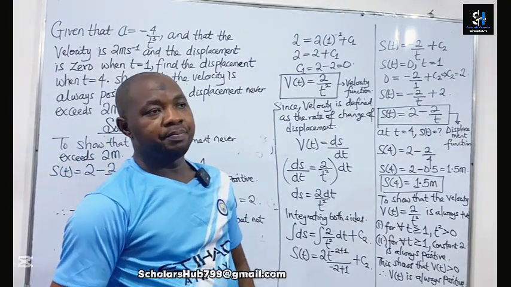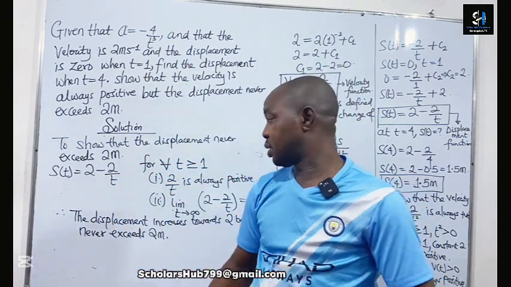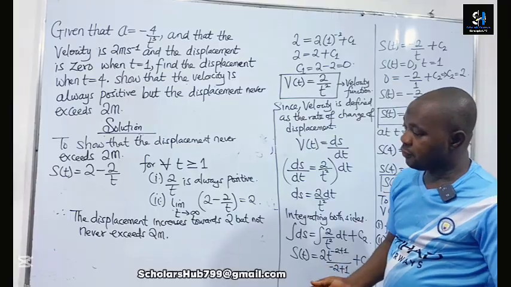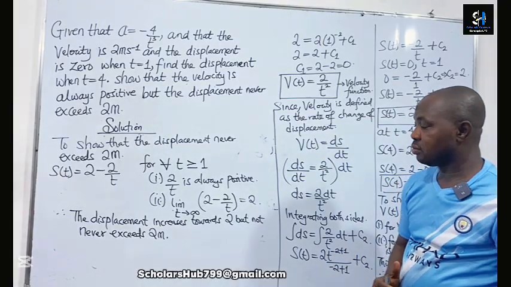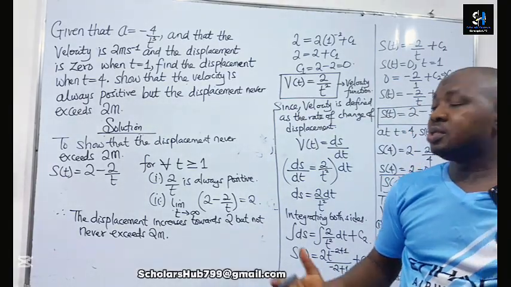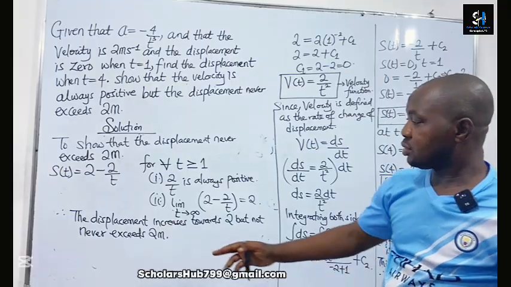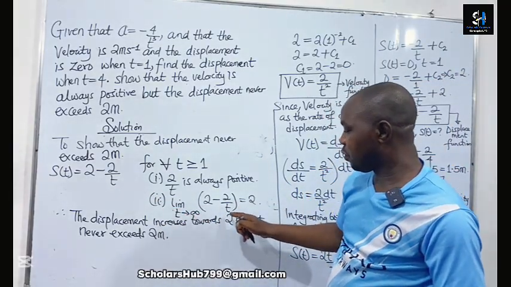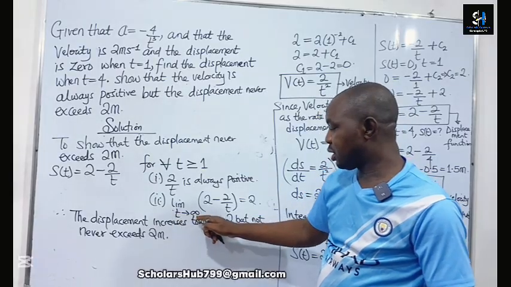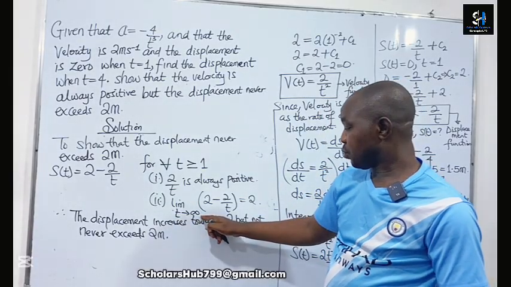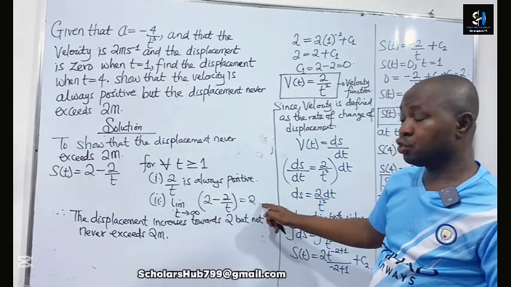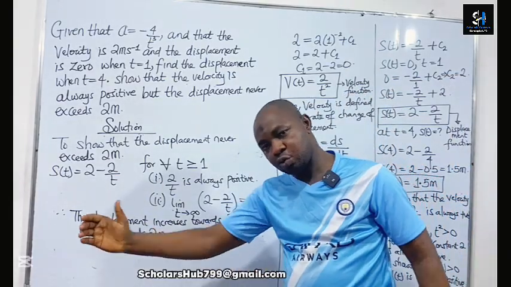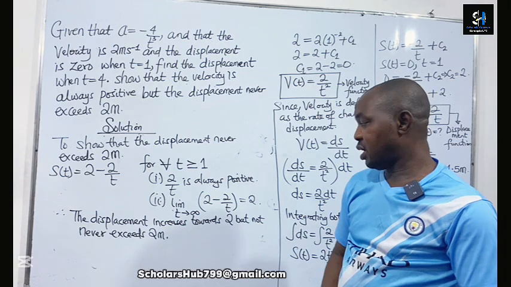Of course, it will still be greater than 0. All right. So when we set the limit of this displacement function as t tends to infinity, then we have the value to be equal to 2. So it tells us that the displacement increases towards 2, but never exceeds 2.